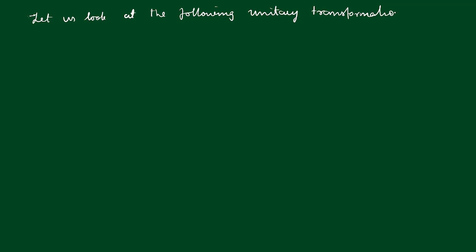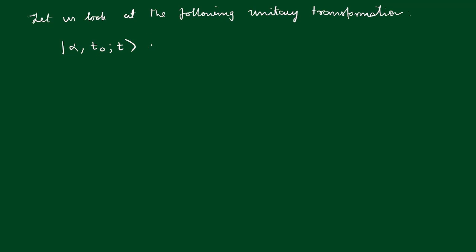So let us look at the following unitary transformation, and we'll write it like this. I'll call the state alpha, t0, t. This means that we are talking about some time here, and at the initial time t0 the state was alpha.